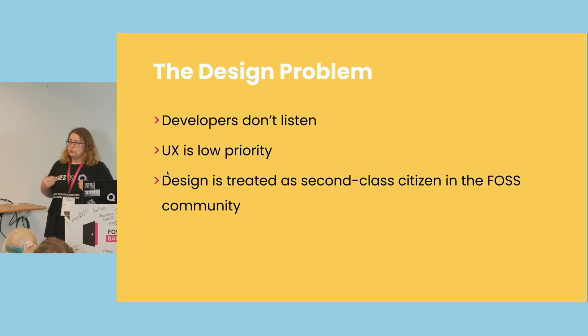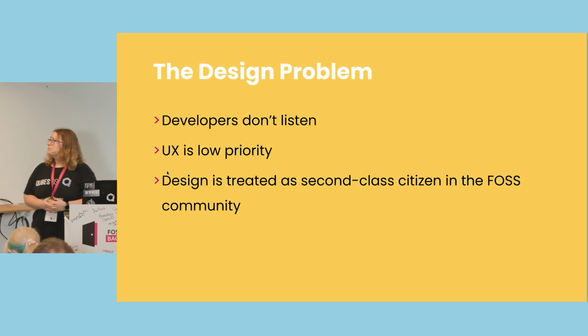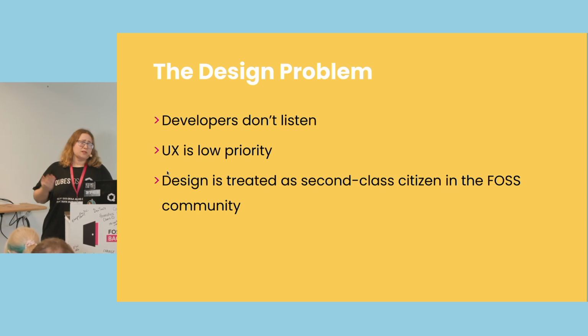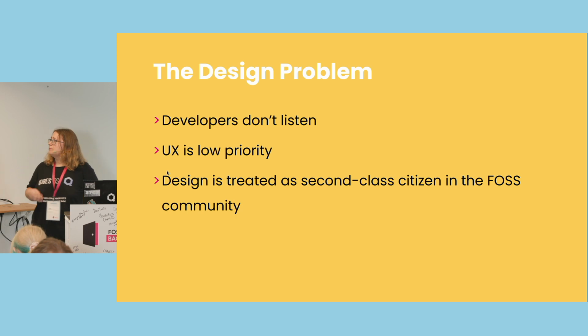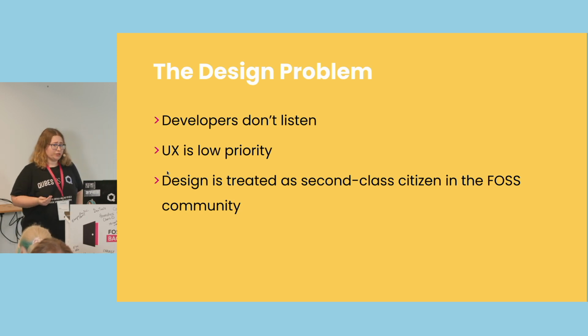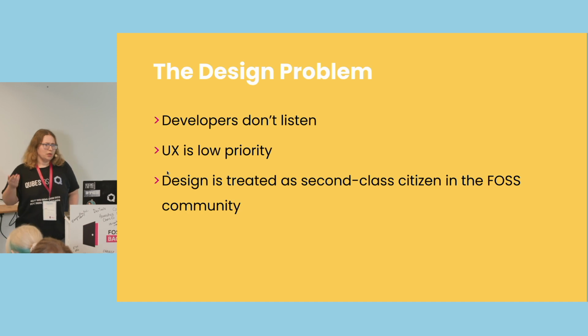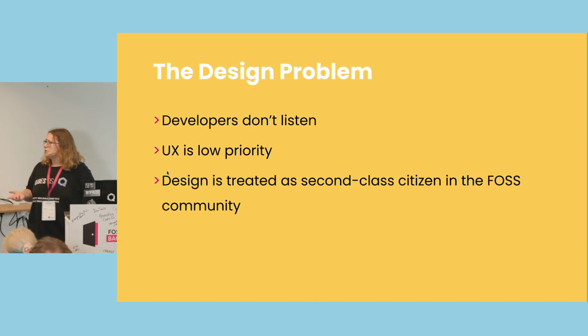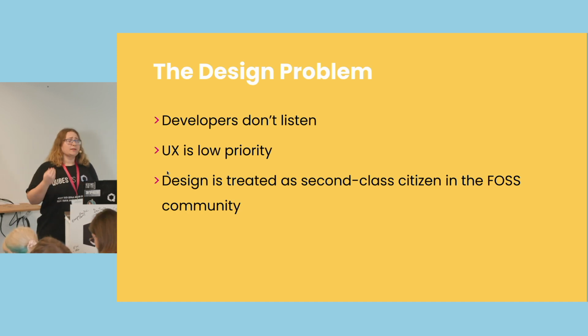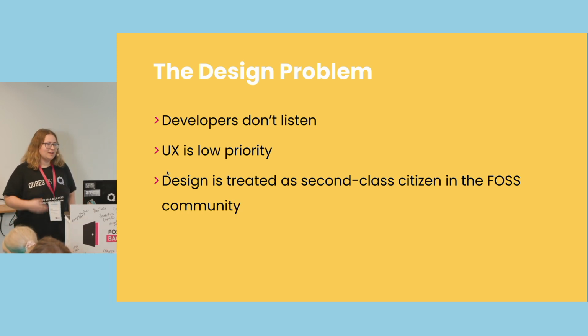Of course, there are the problems also that Martin mentioned in his talk. Developers don't really listen to design people. UX is low priority. You always want to spend money on another developer and not on a designer, because we don't have much money. Design is a second-class citizen. And, well, we see it in many situations.